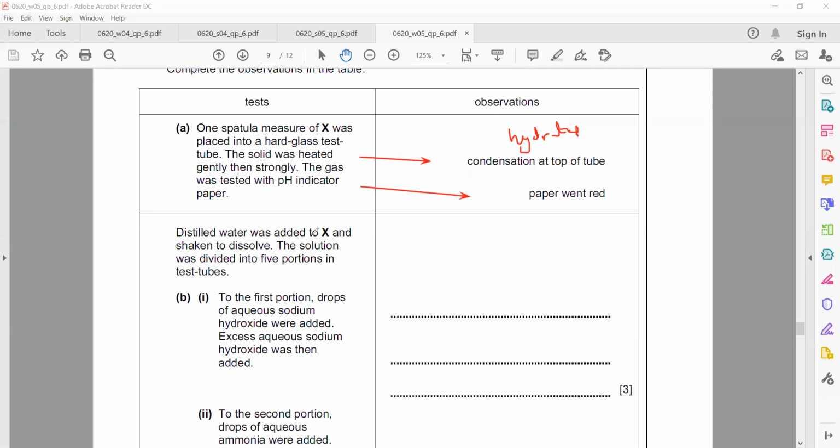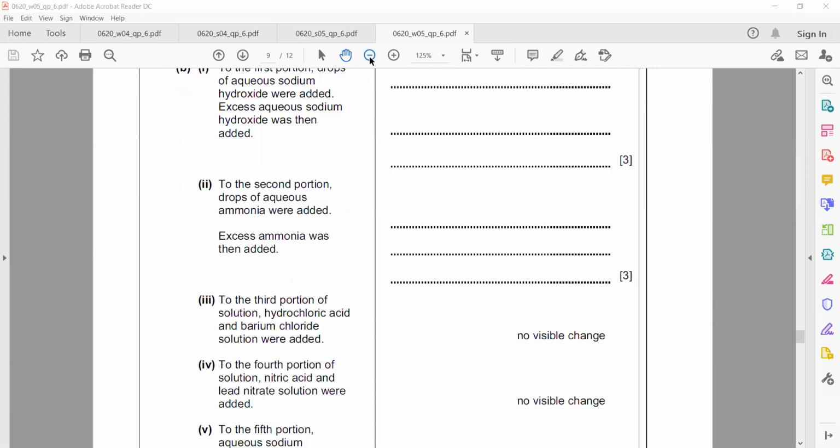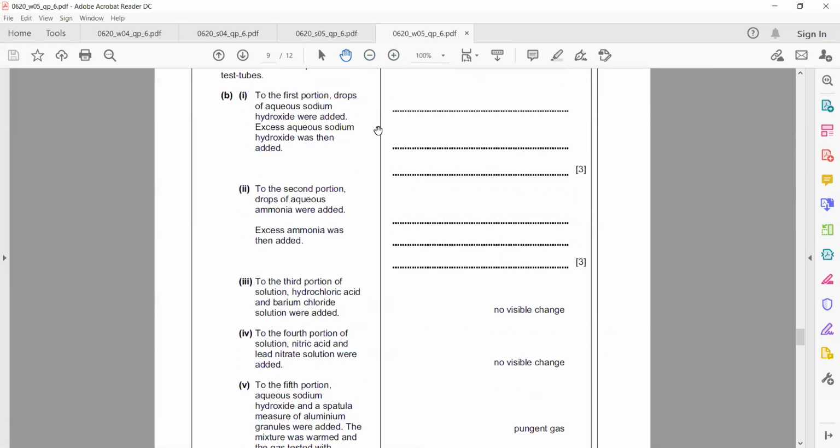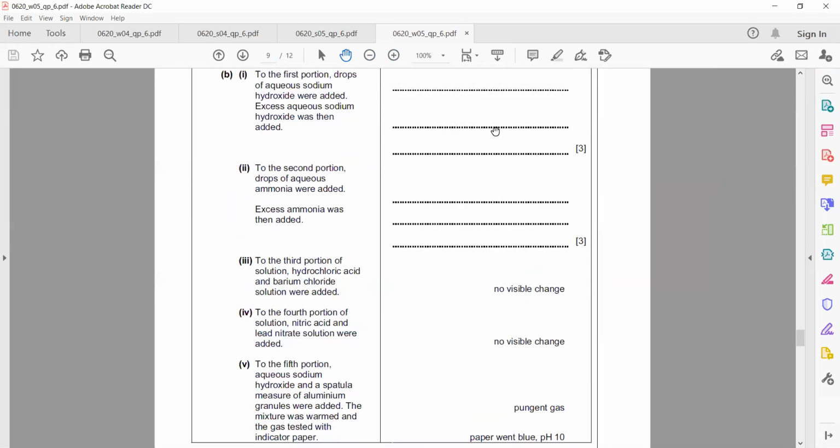Distilled water was added to X and it was divided into 5 portions. Aluminium salt is there and this aluminium salt is divided into 5 portions. To the first portion, we add excess of aqueous sodium hydroxide. What will we observe if we add sodium hydroxide, first drops and then excess, and aluminium salt is there?